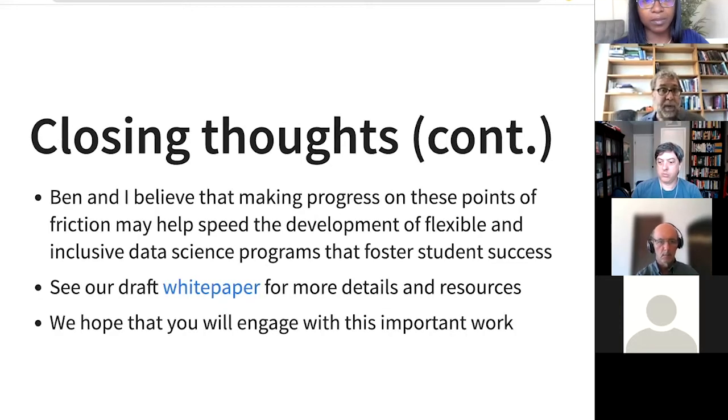So Ben and I have been working, and we believe that there are ways to make progress on these points of friction. There are challenges and barriers, but I think we can come up with solutions to make a lot of them more feasible. I put a link to a white paper that we've been developing that has more details and resources, and I really hope you'll engage with this work. And again, I thank you and look forward to the conversations.